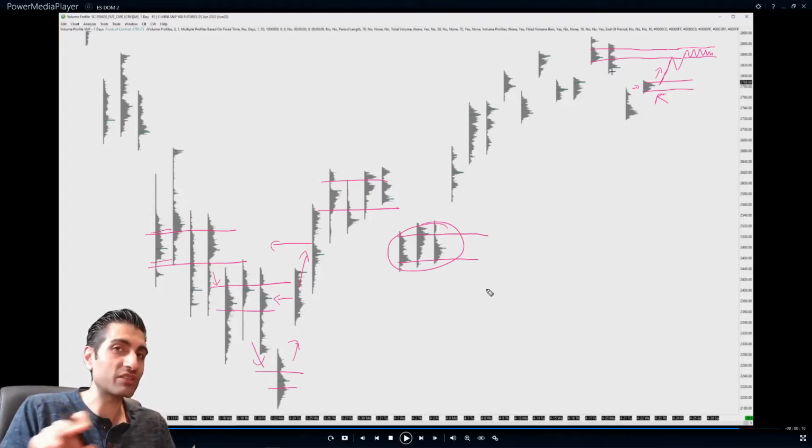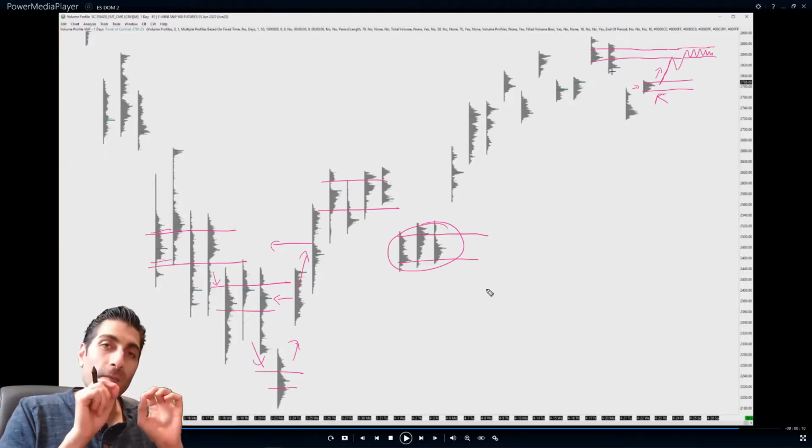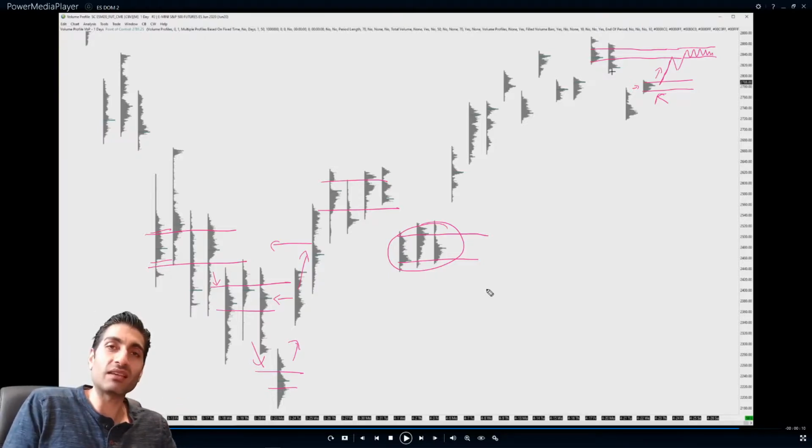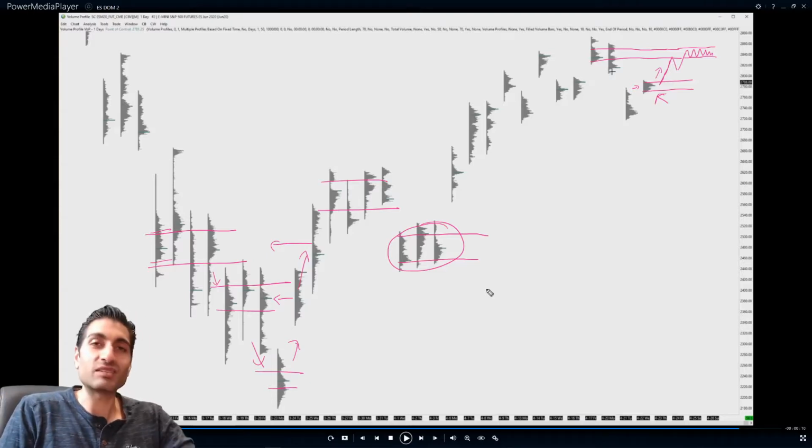It's not more buyers versus sellers. It's more buyers placing market orders than sellers placing market orders. Because at the end of the day, buyers placing market orders are still doing what? Someone's selling to them. So there is no buyers more than sellers. You've got to get this other myth out of your head.